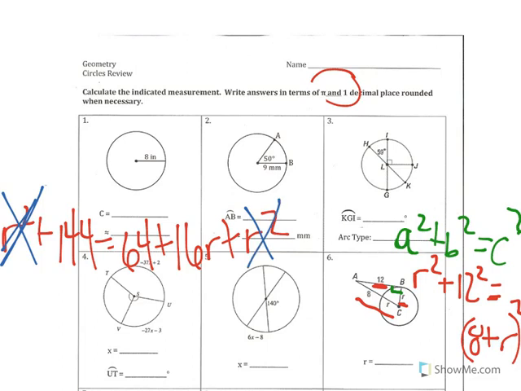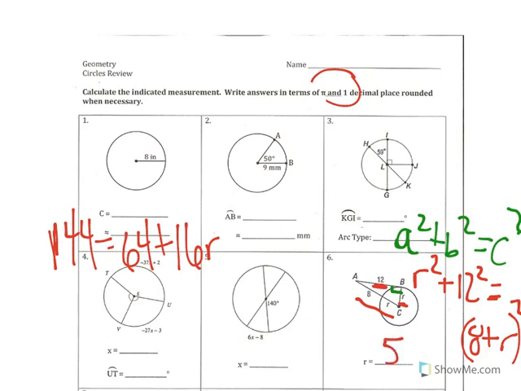So I'm just left with 144 equals 64 plus 16r. And now we just have a two-step equation again. So we have 144 equals 16r plus 64. Subtract the 64, divide by 16, and we'll get our r as 5.